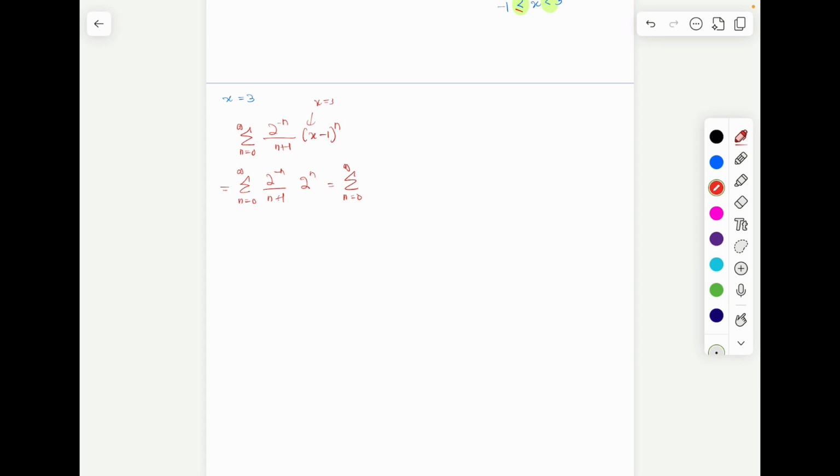I put the 2 to the power of negative n at the bottom. So what we have is 2 to the power of n divided by 2 to the power of n, multiplied with 1 over n plus 1. So you can cancel out the 2 to the power of n, leaving 1 over n plus 1. Okay, this kind of form, I think we can use the comparison test, or maybe the limit comparison test.